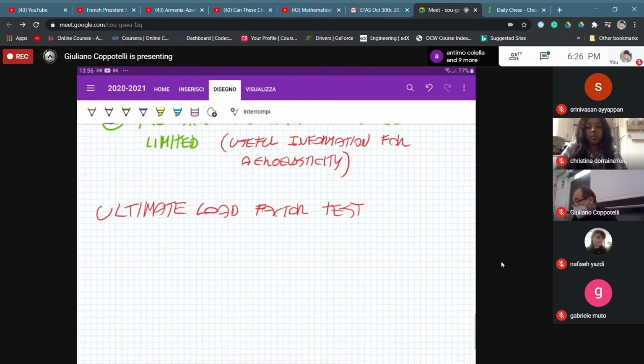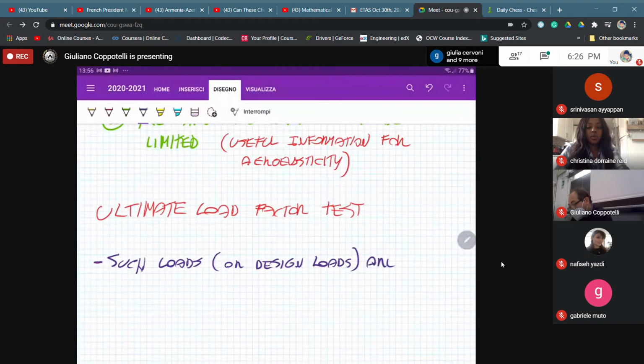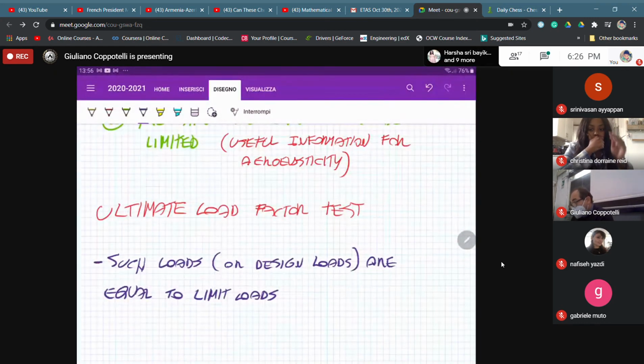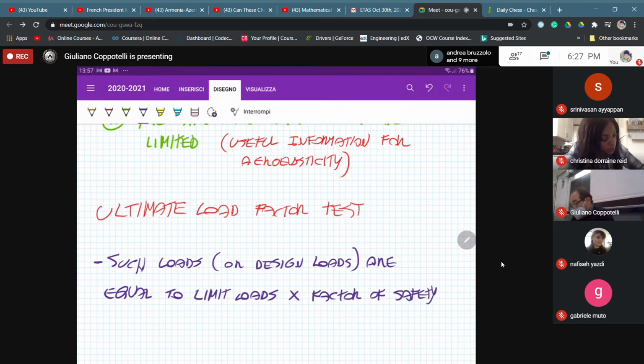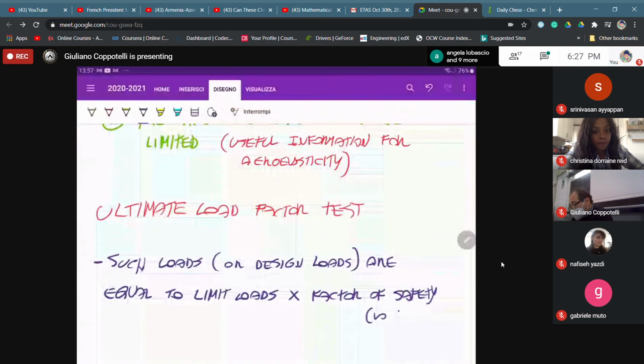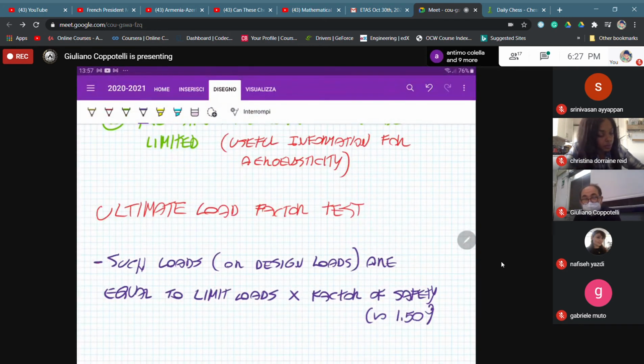Okay, so such loads, that are also called design loads, are equal to the limit loads of the previous test times some factors of safety. Generally we can use the rule of thumb of increasing that by 50%, so times 1.5.